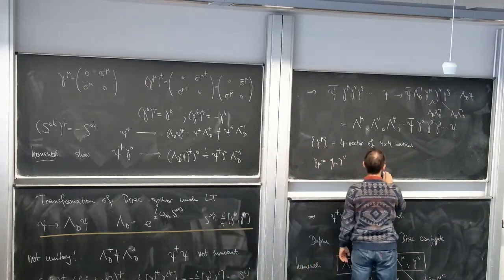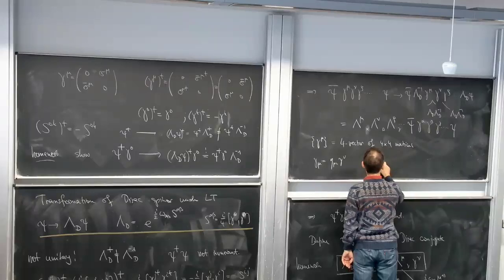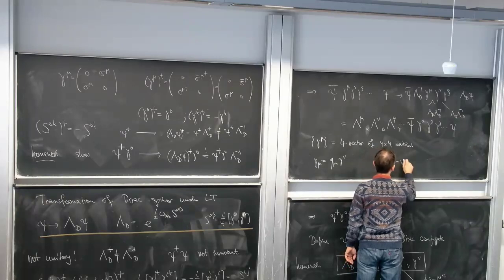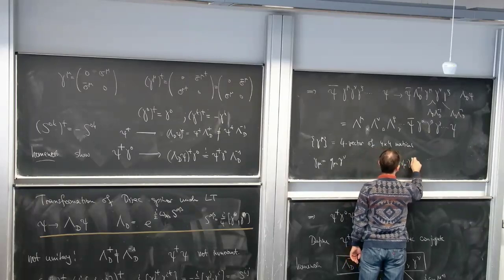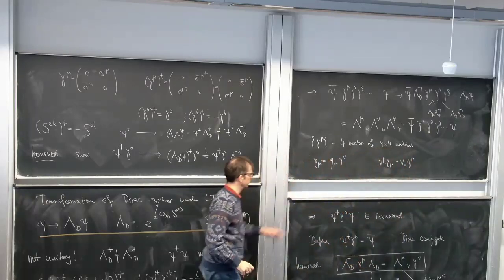We can then write, if it's some vector times the gamma matrix, it's just the scalar product of some vector with the gamma matrix.